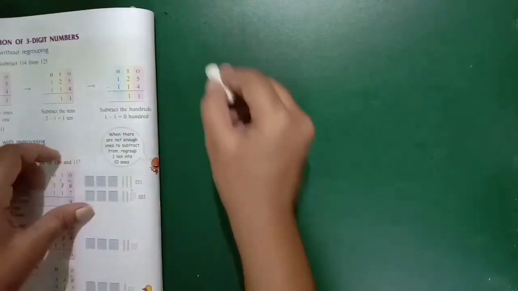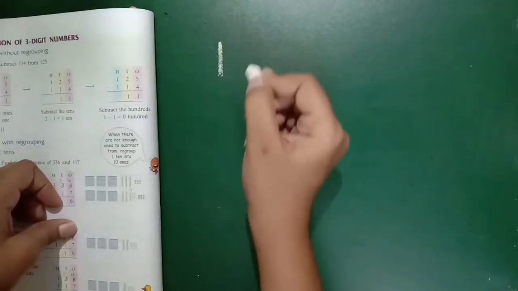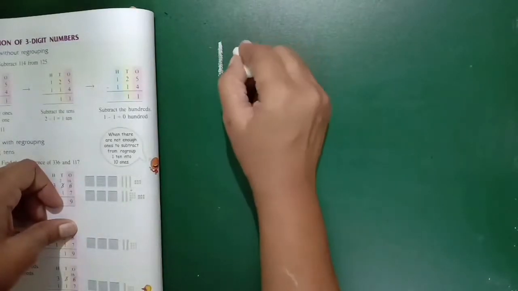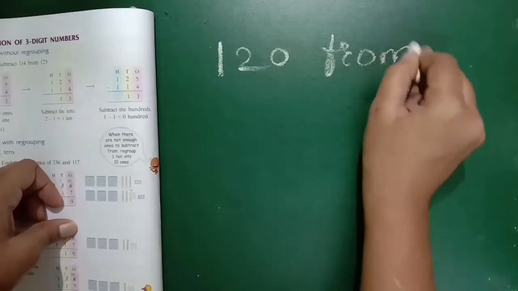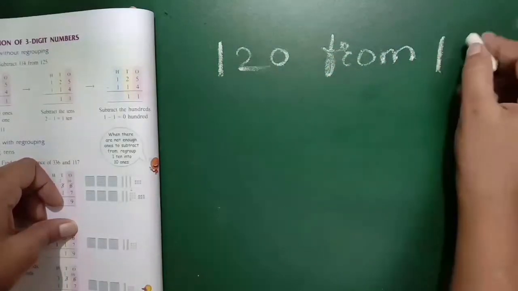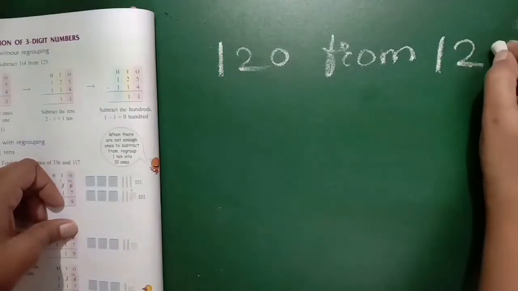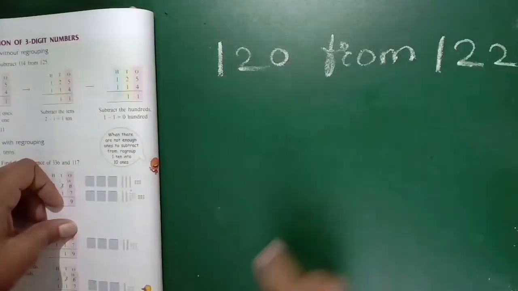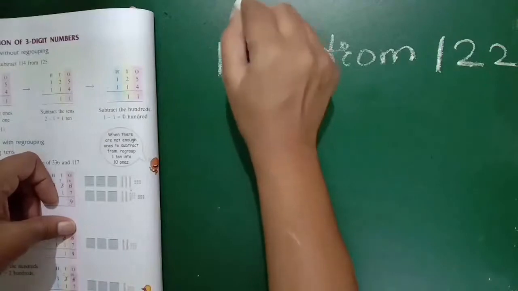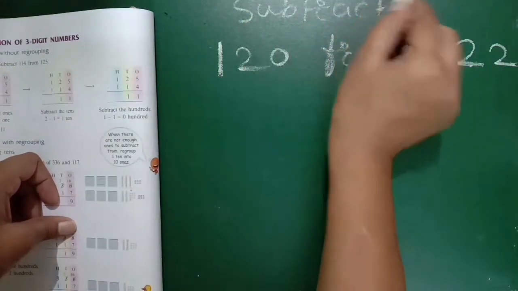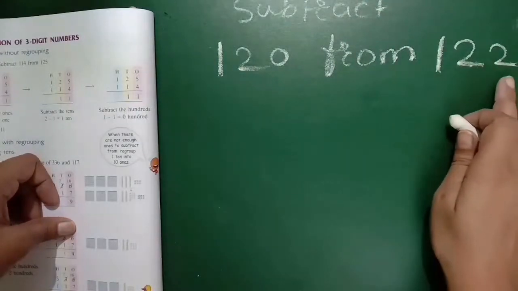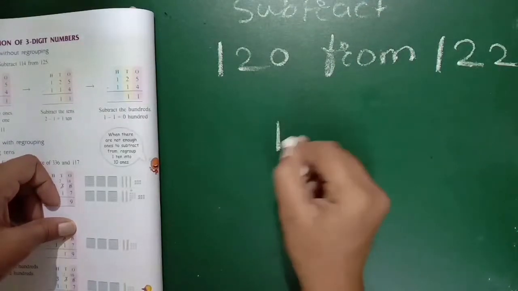Subtract 120 from 122. Okay. Which one is the bigger number? Yes, 122 is the bigger number. So write 122.